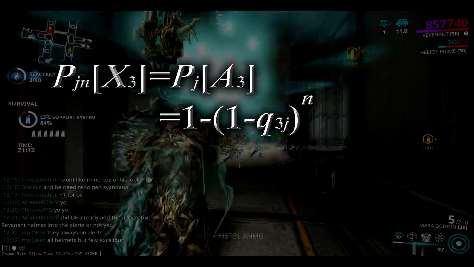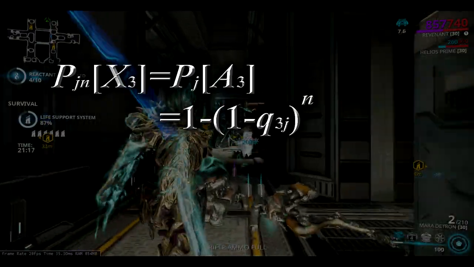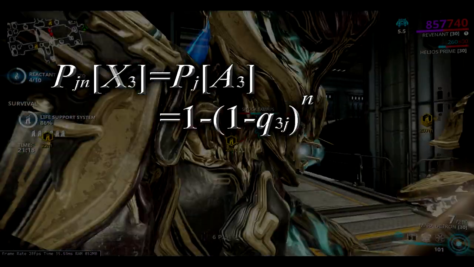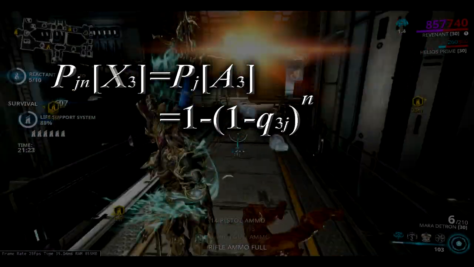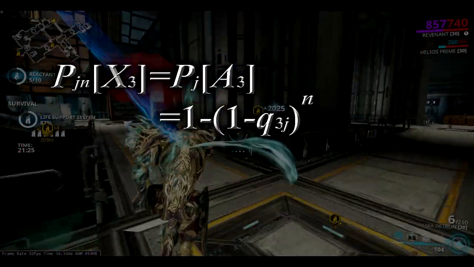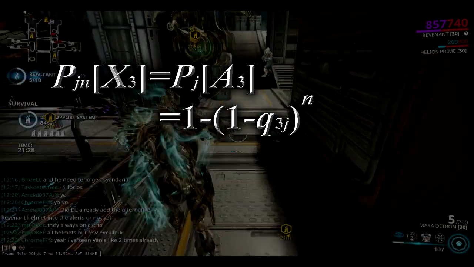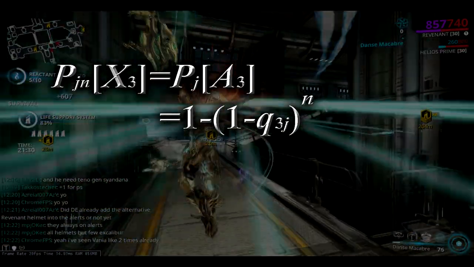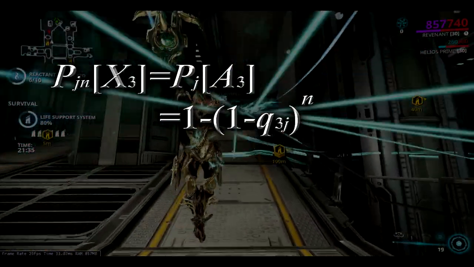So anything in the set a3 is automatically, everyone will choose little x3. So therefore this partition is the entire set as we have seen previously. So this is nothing more than what we have seen before, which is like the shotgun status formula, which is 1 minus bracket 1 minus q3j bracket to the n.